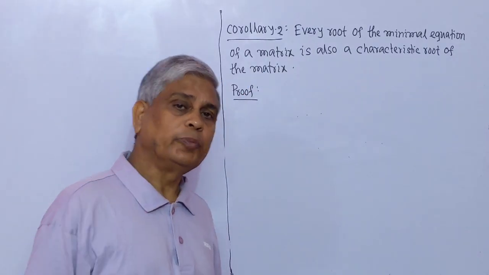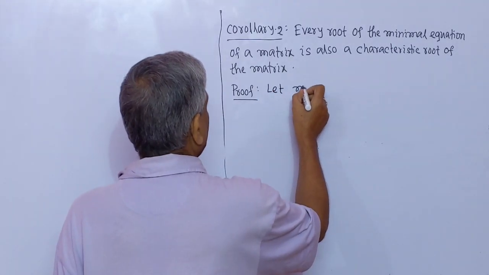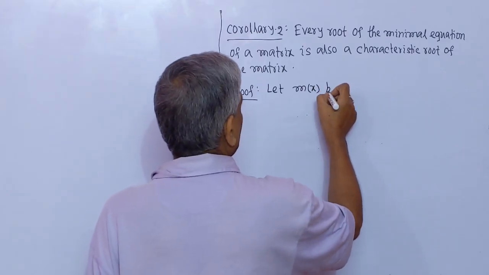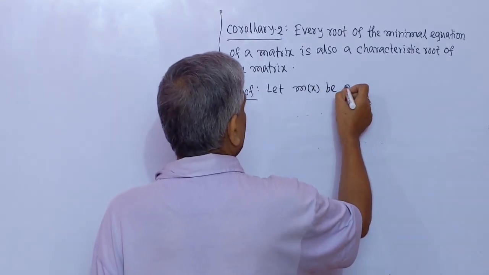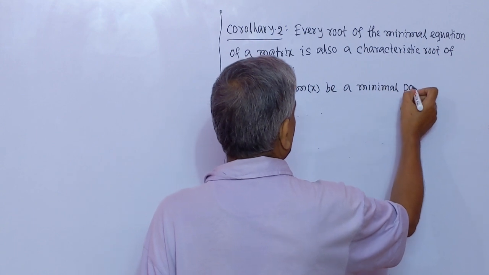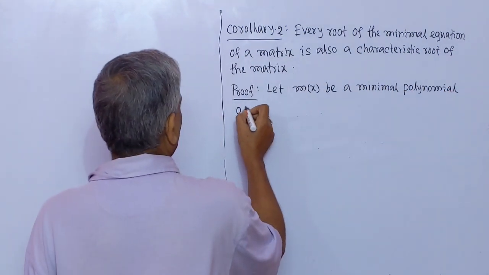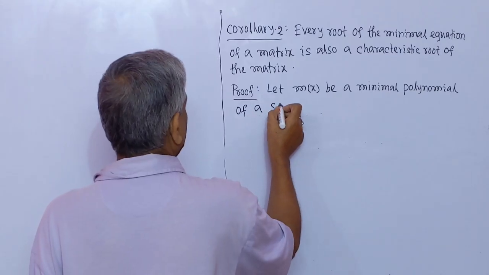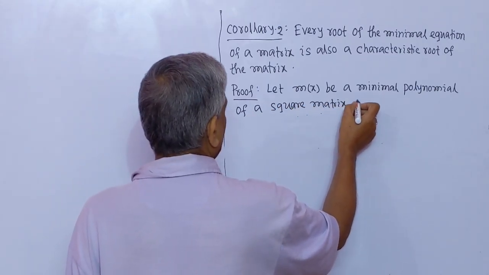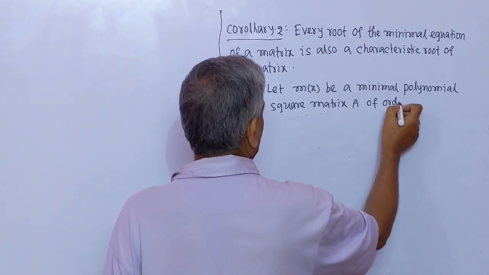Now we prove this. Let m(x) be a minimal polynomial of a square matrix A of order n.